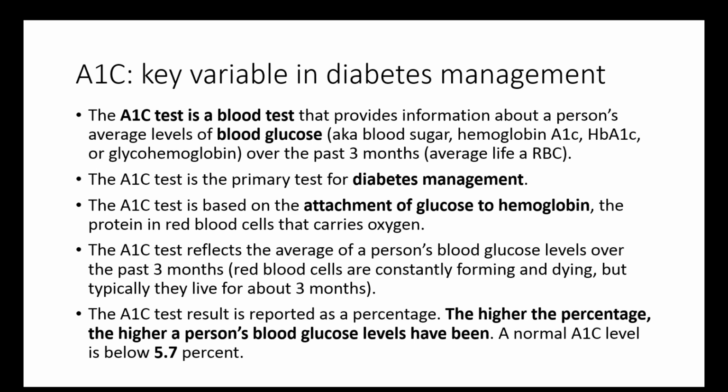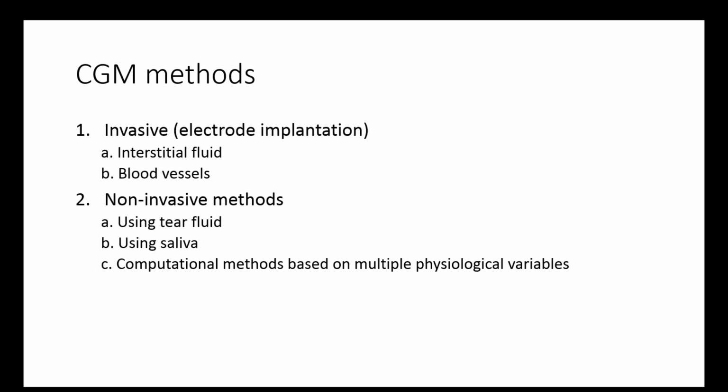So the more glucose you have, the more attachment you have. A normal A1C level is around 5%. If you have more than that, that means your blood sugar was higher. And this is actually a cool thing, that you have this natural integral of the values.